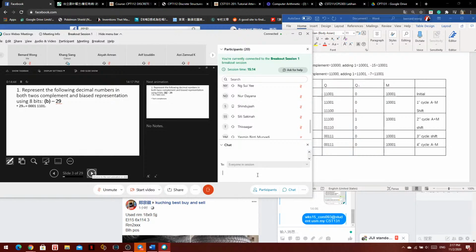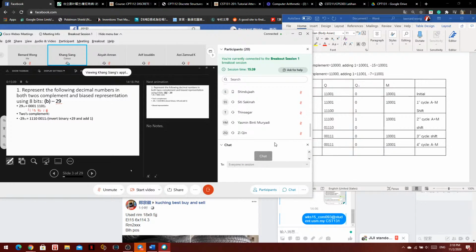That is the correct way to do a two's complement representation. So you need to invert all the bits. This one becomes 1, 1, 1, 0, and then 0, 0, 1, 0. And then plus 1, this one becomes 1. So this is your answer.